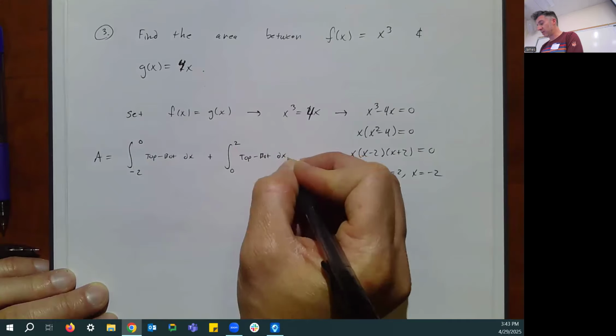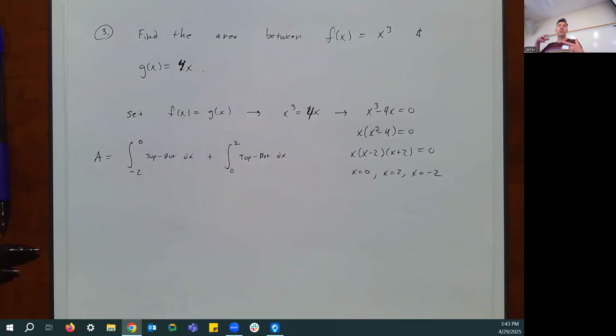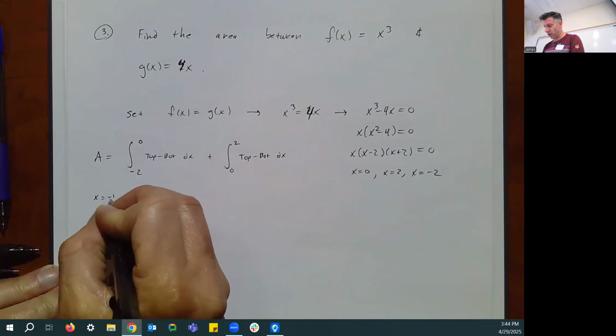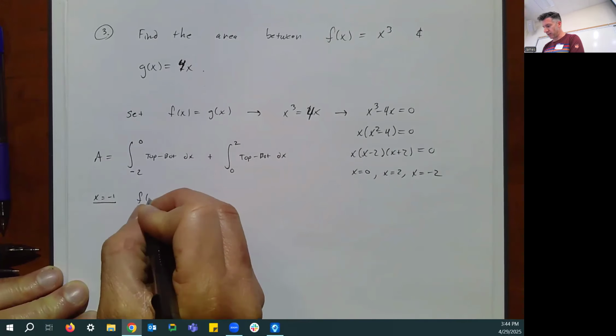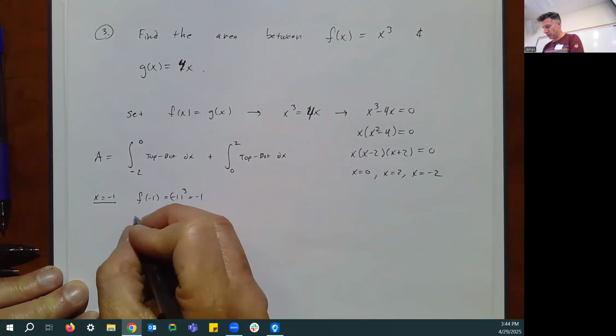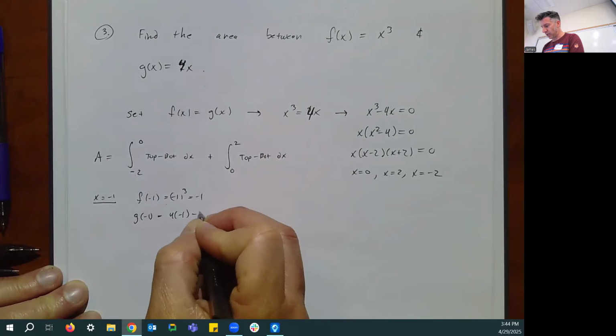And the reason we have to do that is because between this interval and this interval, the function that's on top actually changes. So between -2 and 0, if we plug in x equal to -1, f of -1 is -1 cubed, which is -1, and g of -1 is 4 times -1, which is -4.